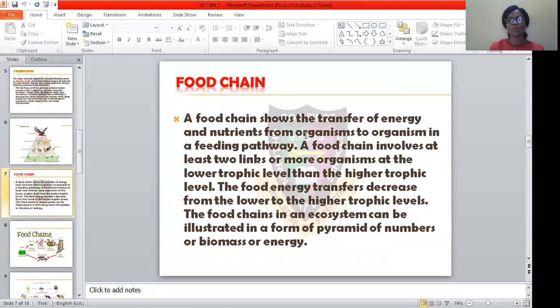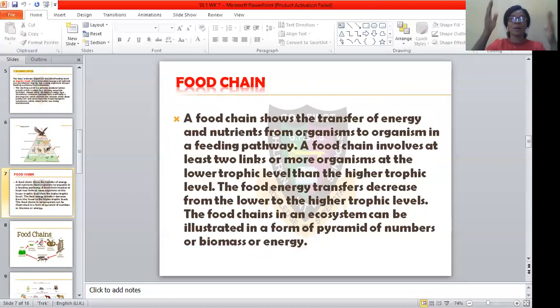Now let's talk about the food chain. A food chain shows the transfer of energy and nutrients from organism to organism in a feeding pathway. It's always in a straight line. That is, from one animal to another animal to another animal.